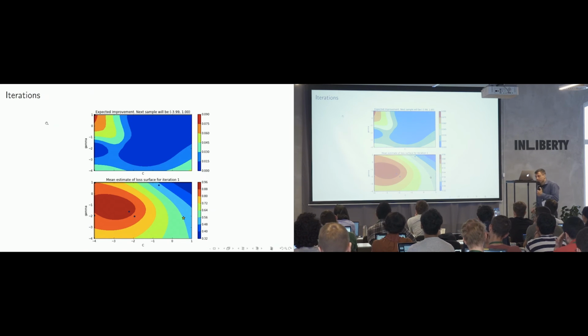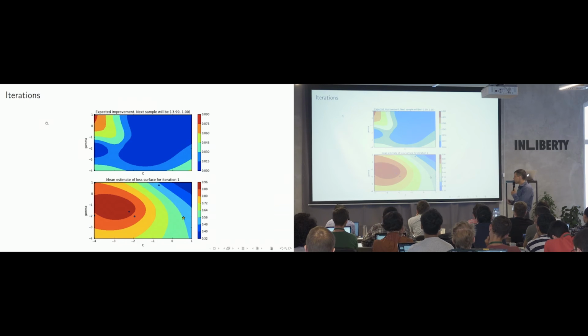So what I did, first, I just sampled several values of C and gamma randomly. And for them, I estimated the value under the ROC curve. These values are given here by these three blue points. And then, by a star here, I depicted the position of the real optimum.